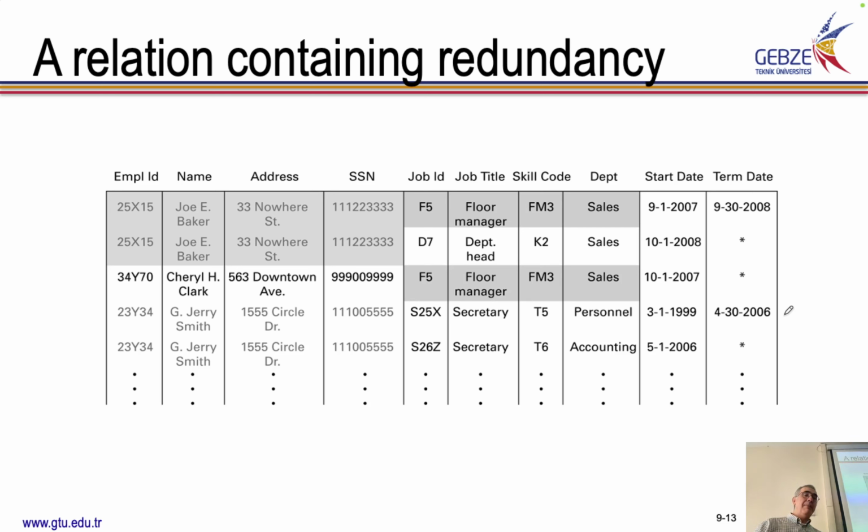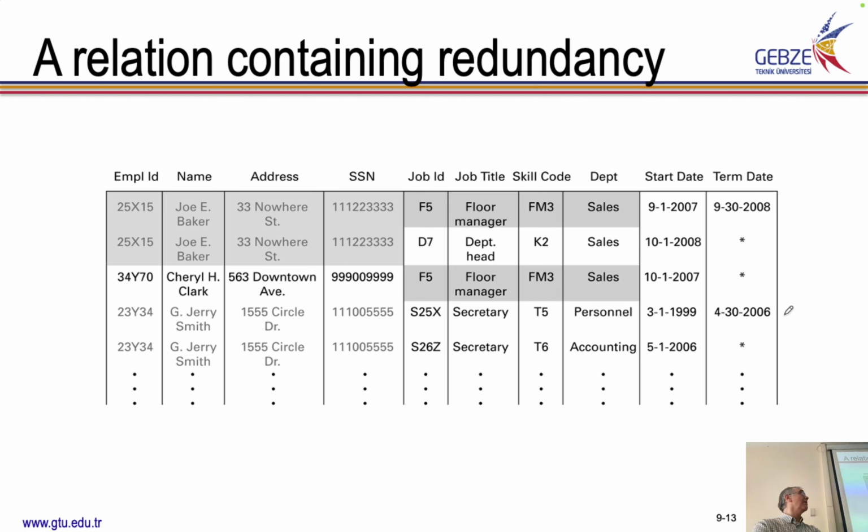A redundant example here. Employee ID, name, address, social security number, job ID, job title, skill code, department, start date, end date. So you have multiple people with multiple job IDs, multiple job titles, skill codes. So this looks correct for different employee IDs. But there is a repetition.